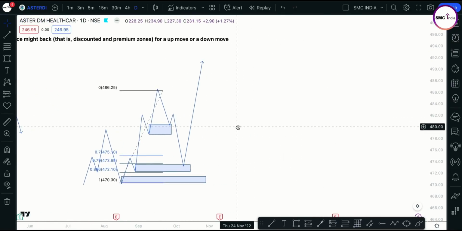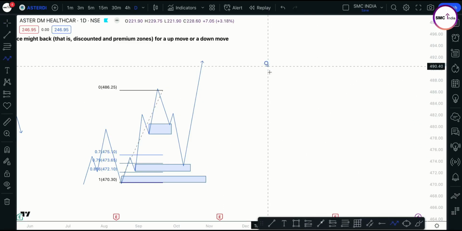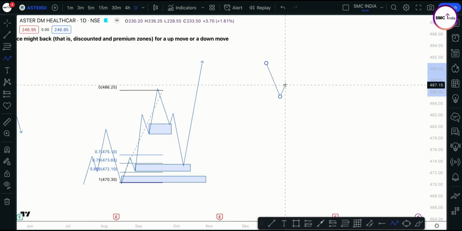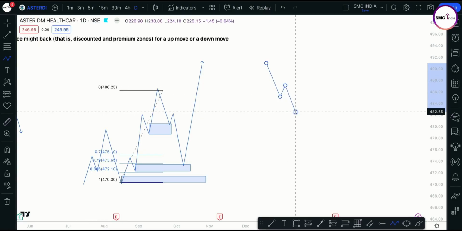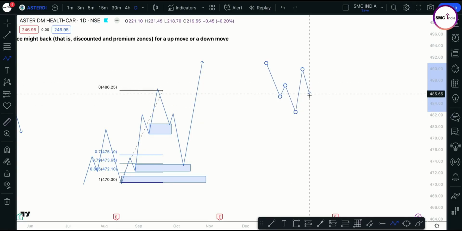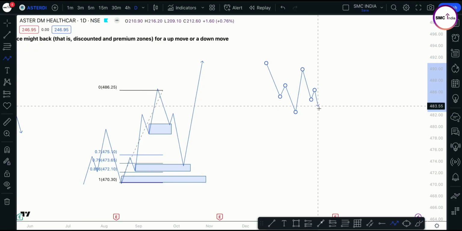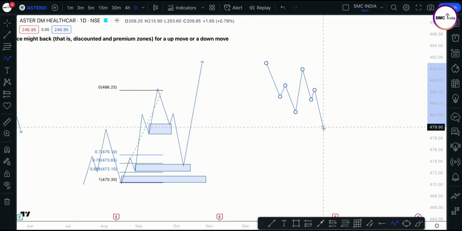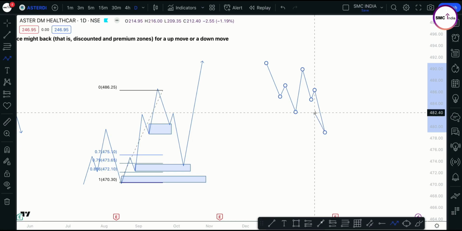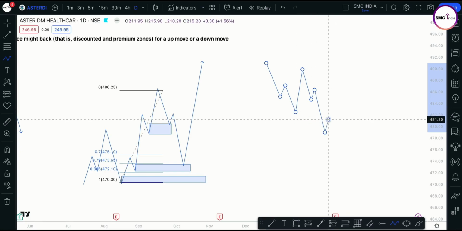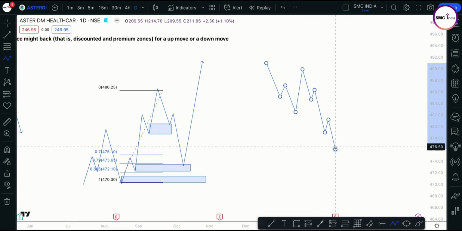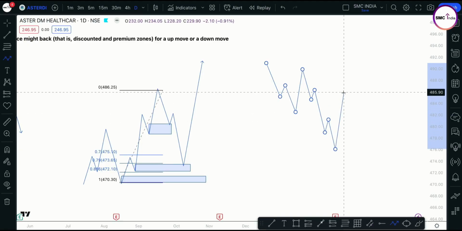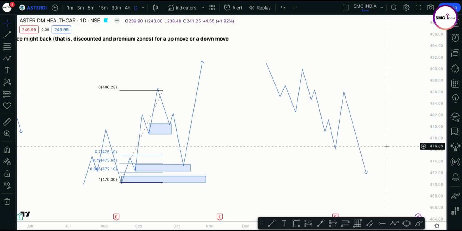Same is the case for the supply zone. What the price generally does is that it causes this major low, causes this major high, breaks this low here and then causes this major low here. And what the price generally does is that it comes back to this premium order block here and then shoots down again.